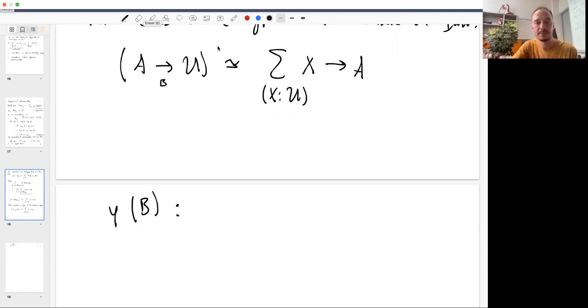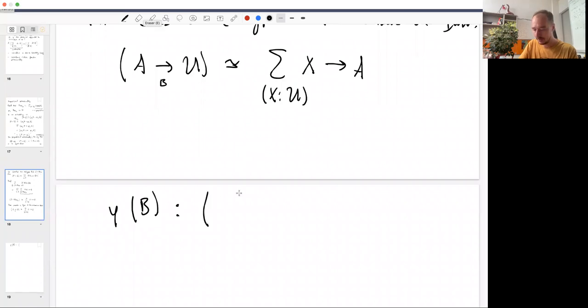Do you have any ideas? Doesn't seem like the chat has any ideas on this. Okay. Ah, there is someone. Yeah, sigma type. Definitely. And then the map is, I'm sure you're going to say, the projection.